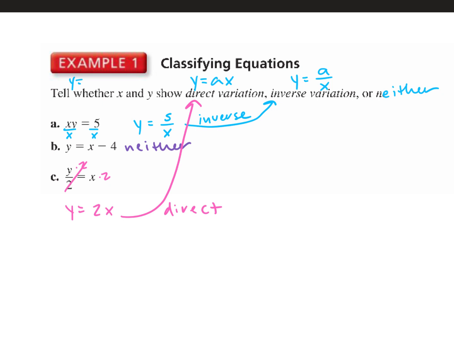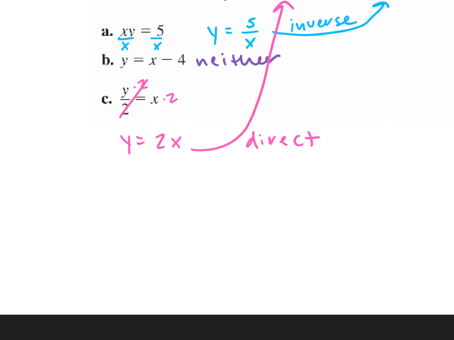Let's say we had one that was y is equal to x over 2. There's one like this in the homework. What do you think? Why do you think it's direct? So we want to keep it to be y equals, but what's the same thing as saying x over 2?